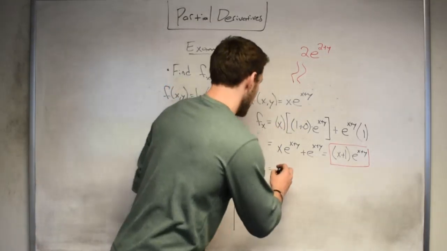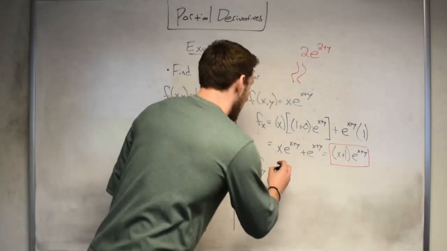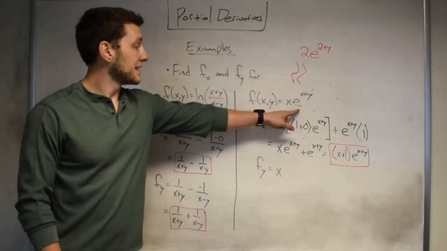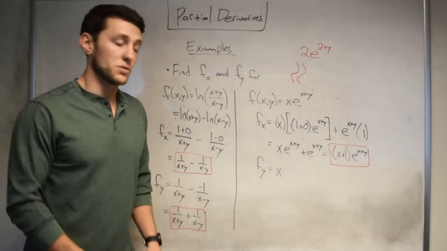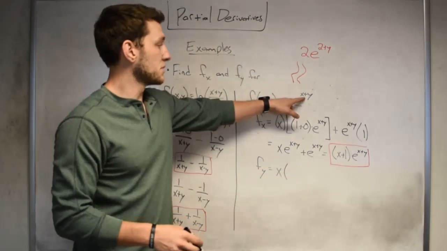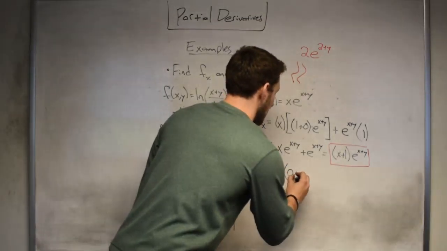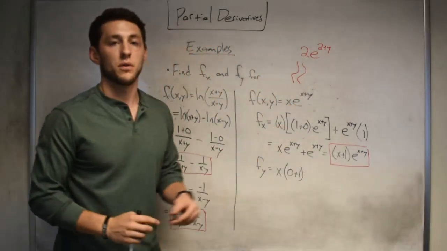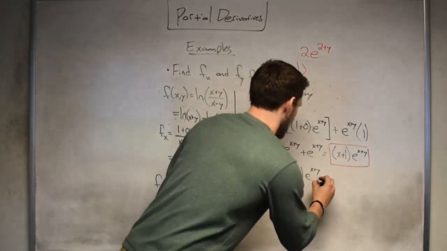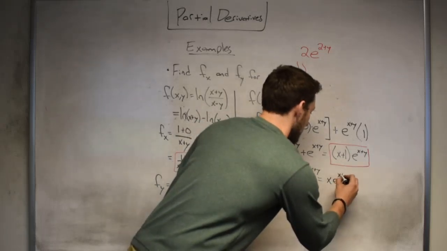And we could just say, well, the derivative of this guy, copy down the non-y terms, so x, and then derive the exponential with respect to y. The derivative of the power with respect to y is 1. So technically I'll write it as 0 plus 1 because x will go away, times the original function. Which gives me an answer of x times e to the x plus y.